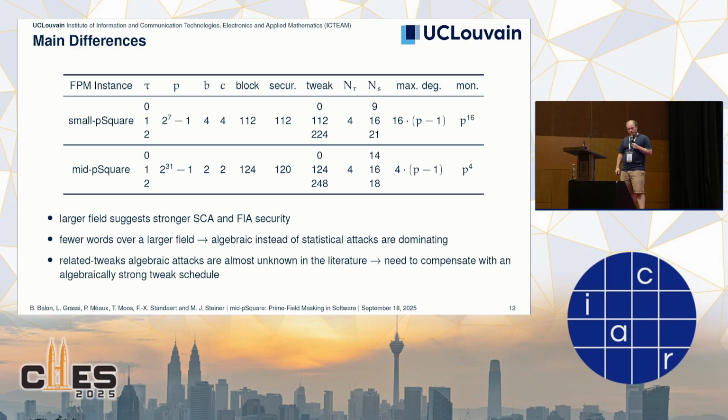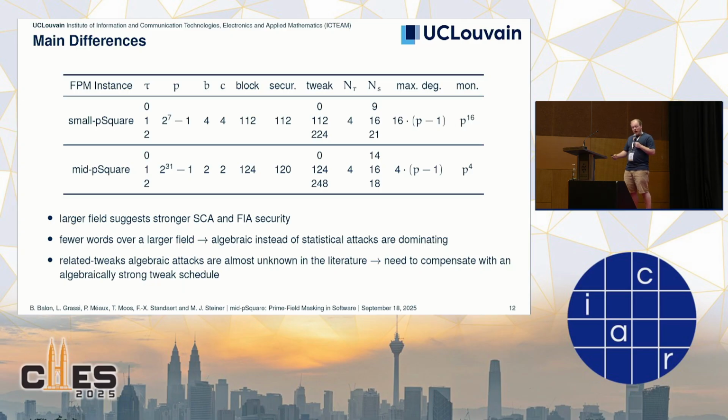Now, one important aspect is when I have fewer words over a larger field, statistical cryptanalysis is usually not dominating anymore, but I have to worry about algebraic attacks. So I need to look at Gröbner basis attacks, interpolation attacks, linearization attacks, all this kind of stuff.